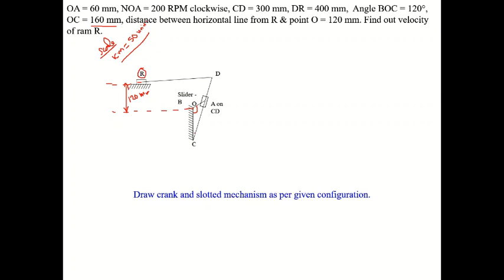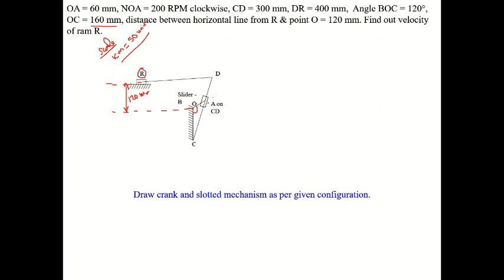After drawing OC, take your protractor and keep your protractor on OC, and take 120 degree from here. This is 0. Take 120 degree and mark it.